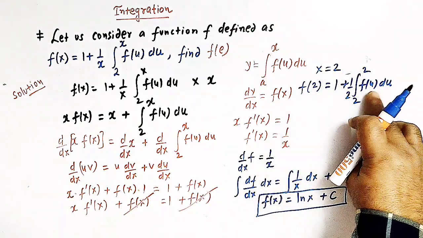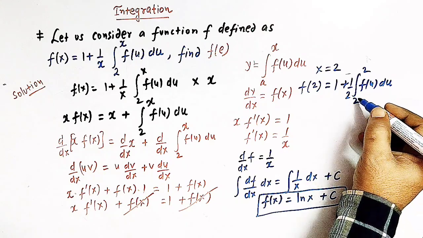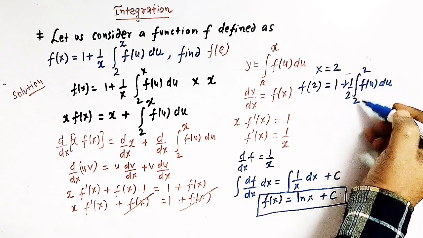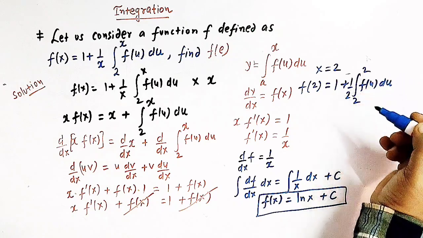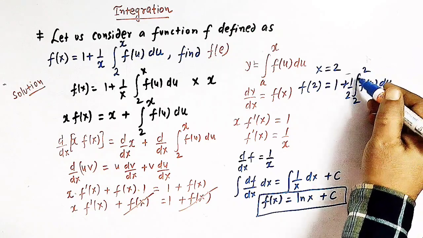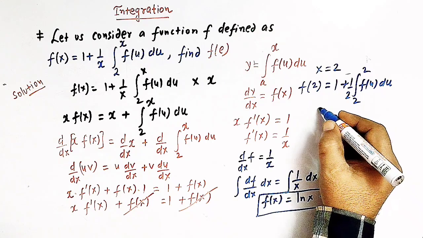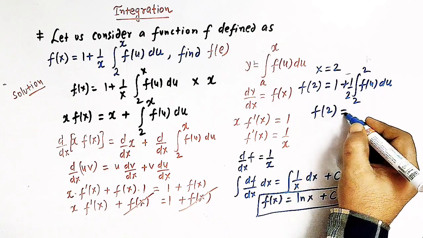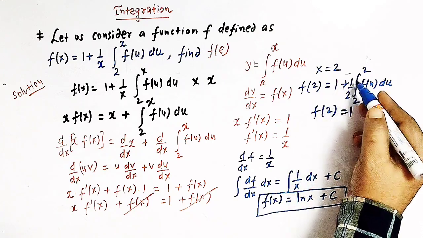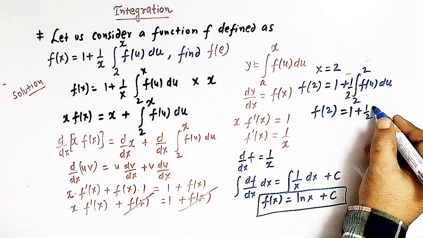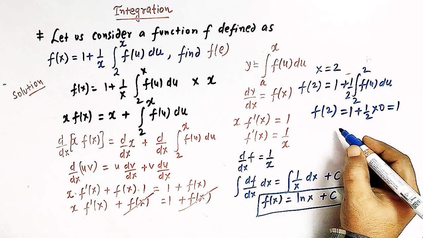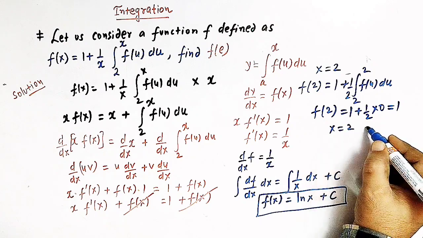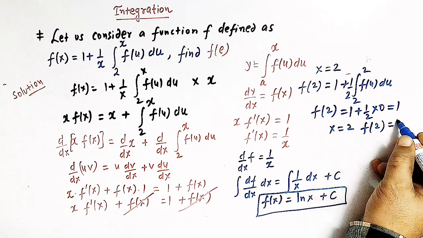Now the value of this integral is 0, because here the limits of integration are same. So the lower limit and the upper limit both are same, so the value of this integral is 0. So we have simply f of 2 is equal to 1. Half times 0 is 0, so this is simply 1, right? So when x is equal to 2, f of 2 is equal to 1.